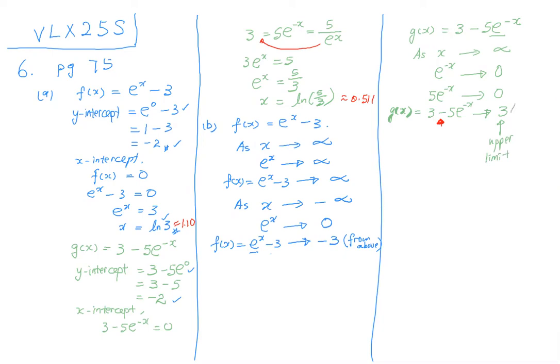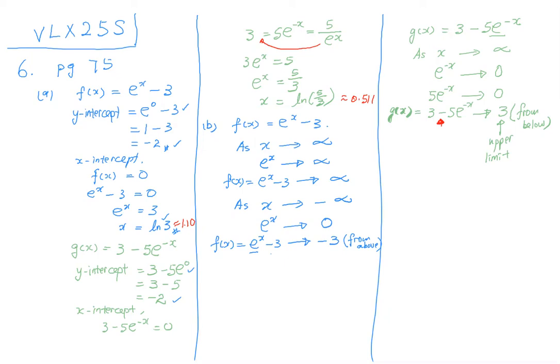So you must write in brackets here, from below. So now you know how to decide whether to write from above or from below. You look at the limit. From below, it's a must to write. So that means straight away, I know that all the values of g(x) are less than 3.